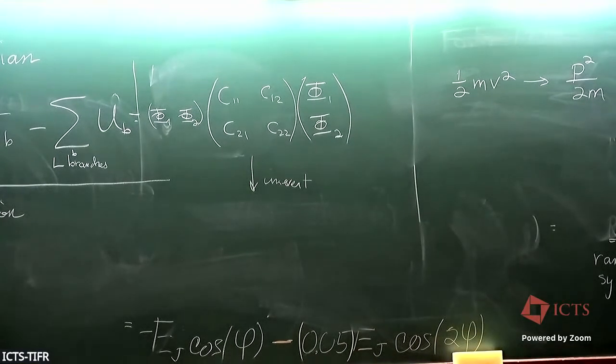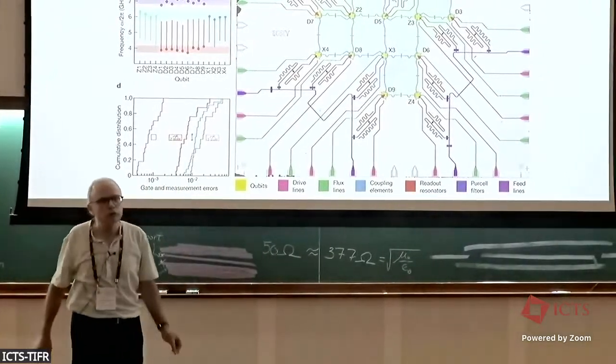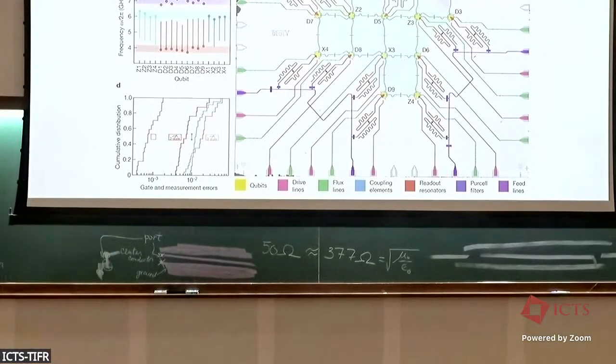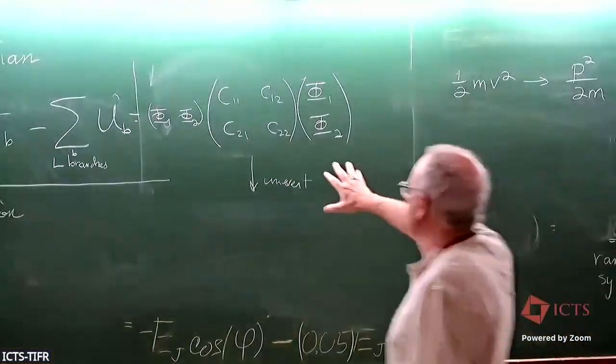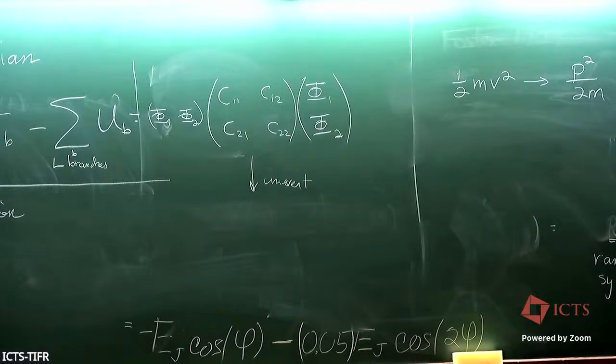But unfortunately, banded capacitances, if you invert, are not banded anymore. And so you can end up with effective interactions. This inverse mass can be kind of all over the place. And it is a problem with maintaining the sort of locality of description of these multi-qubit structures. Just the fact that you need to invert capacitance, and it is inverted as a matrix, to get the kinetic energy in the Hamiltonian language.